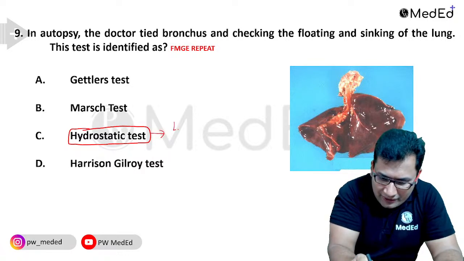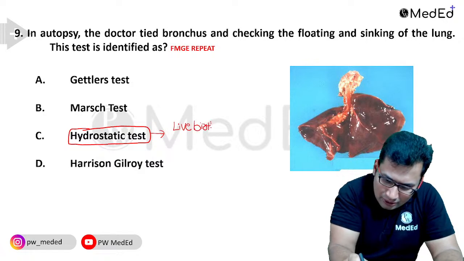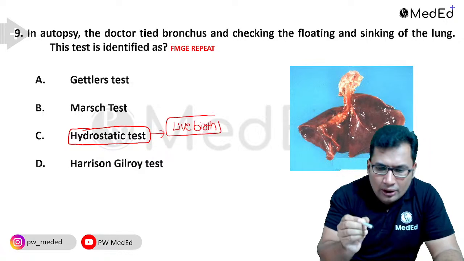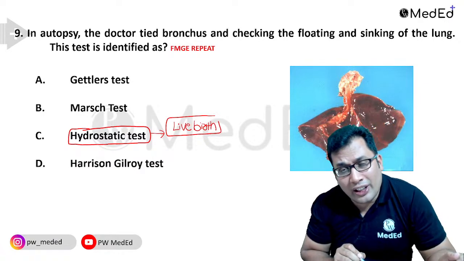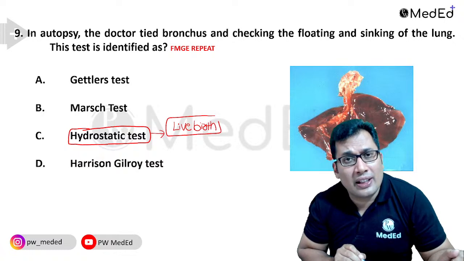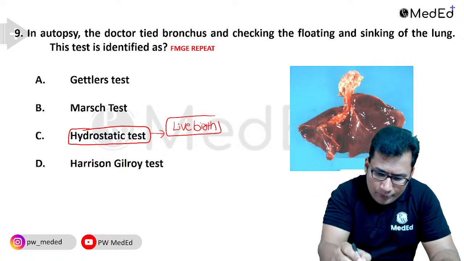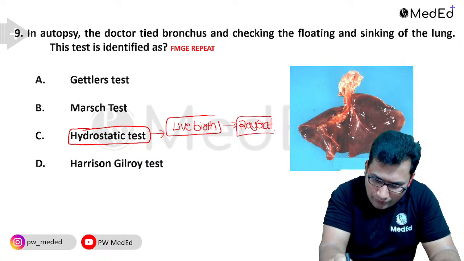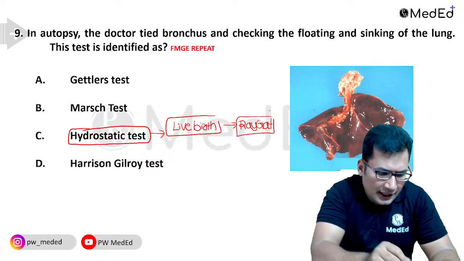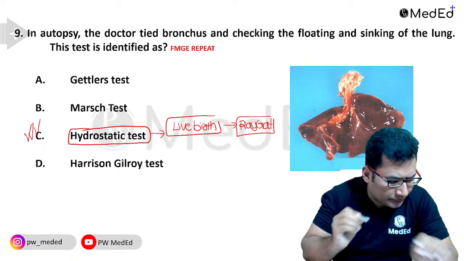This is positive in case of live birth. It is the hydrostatic test, also known as the flotation test, also known as the Raygat test. So the answer is C.